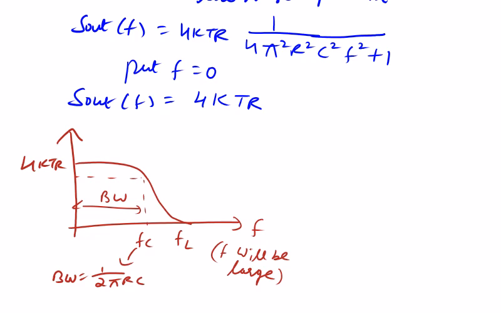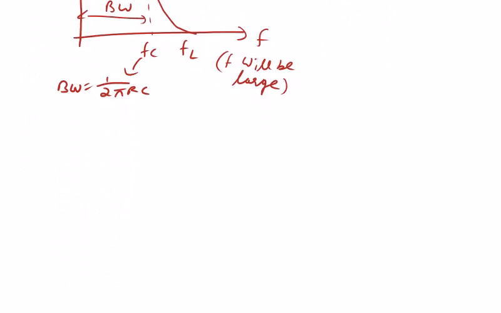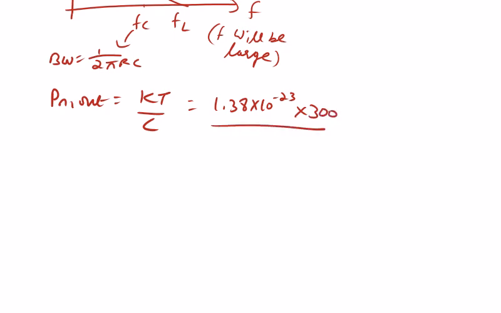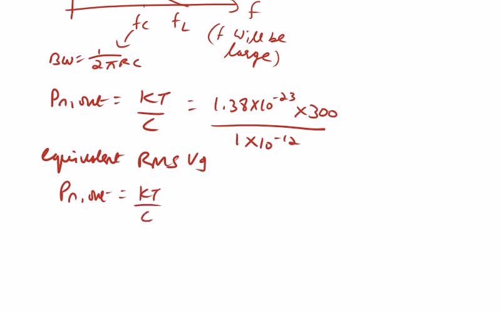Now we know what P_n out is, we just calculated it, right? My P_n out is nothing but kT by C. So now you substitute k, which is 1.38 into 10 to the power of minus 23, into 300, divided by 1 picofarad. Calculate that. The equivalent RMS voltage we can also calculate: P_n out is equal to kT by C, so P_n out is equal to V square RMS.